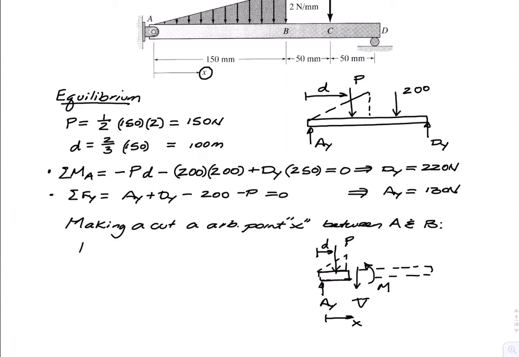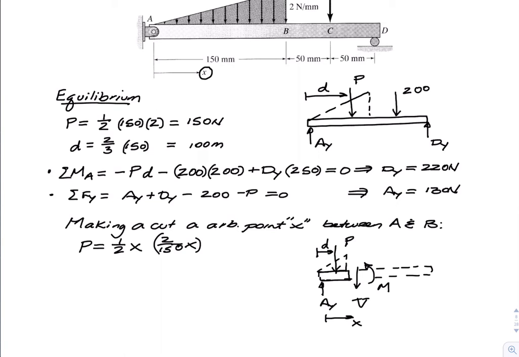So for this, I see that P, again, is going to be 1/2 the base, which is x, times the height there. Well, the height is going to be 2 over 150 x. Basically, I found the slope.